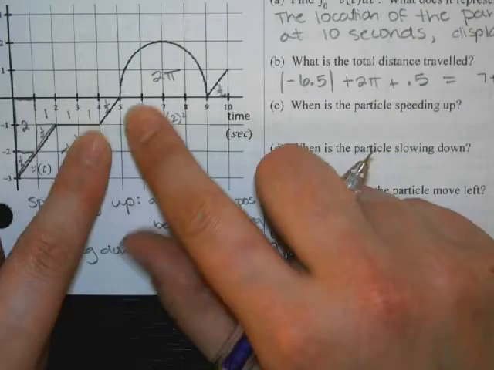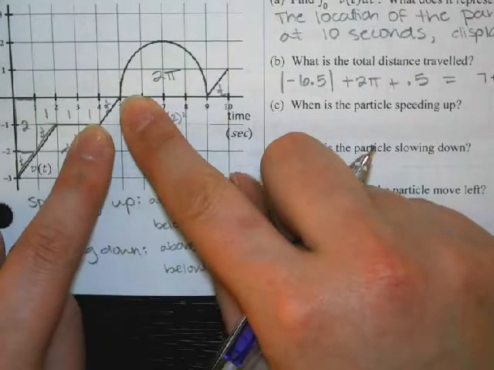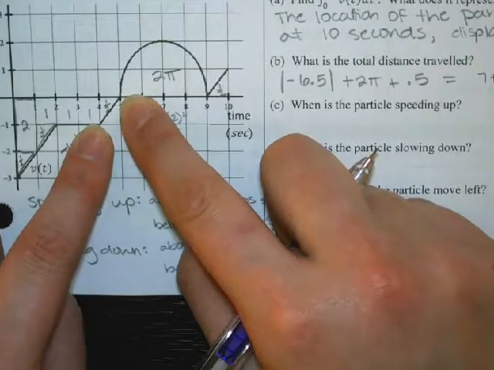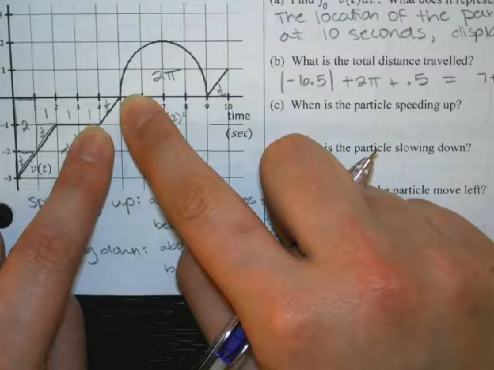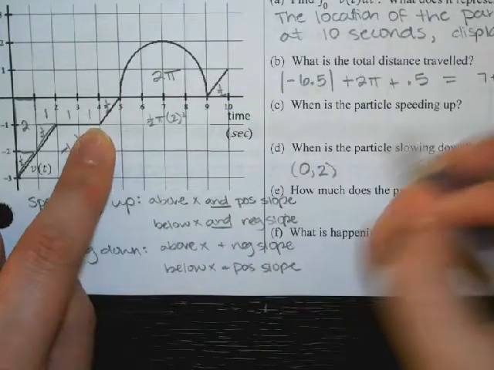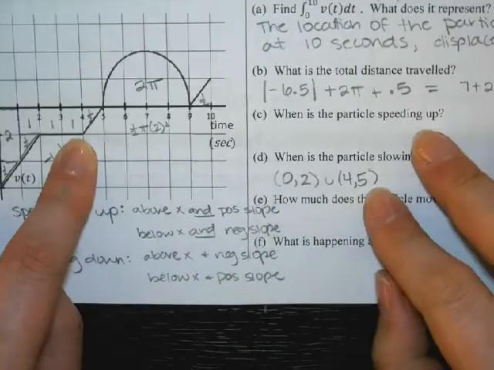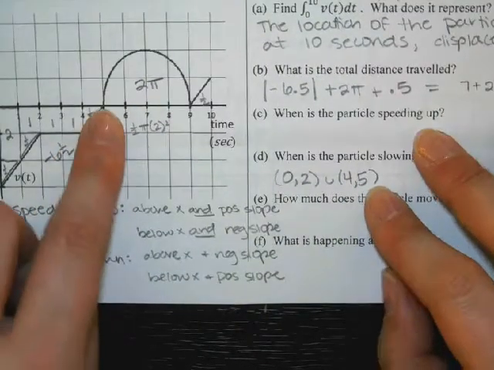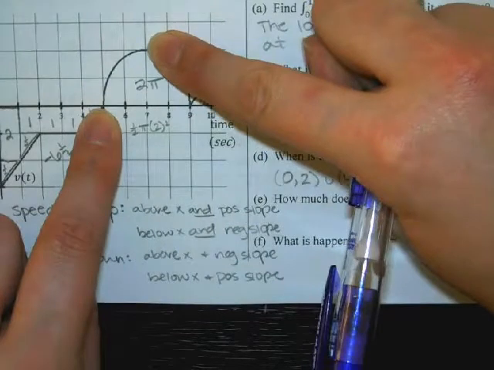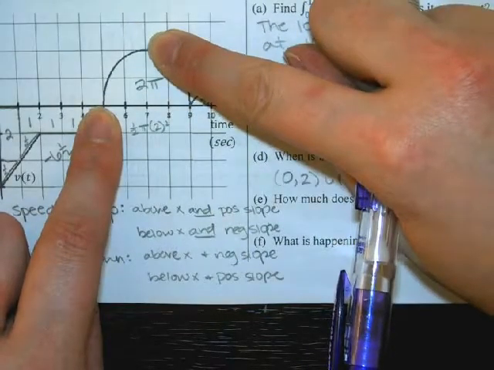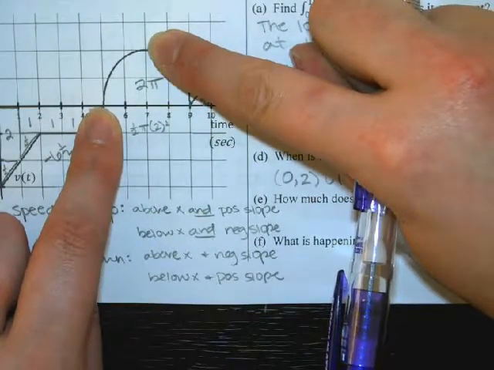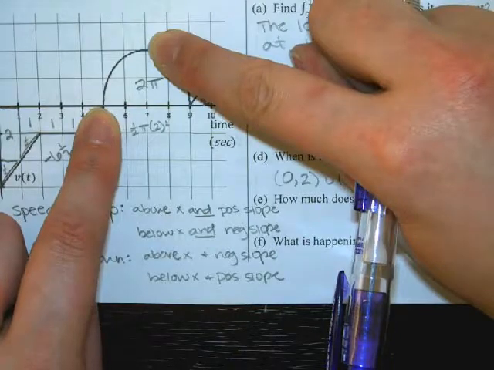Okay, so you're not slowing down, you're not speeding up, you're traveling the same direction. Now here we have another little piece that's beneath the x-axis, but has a positive slope. Slowing down. So from 4 to 5, the particle is slowing down. Now here we have a piece that is increasing, it has a positive slope, and it is above the x-axis. So it's speeding up.